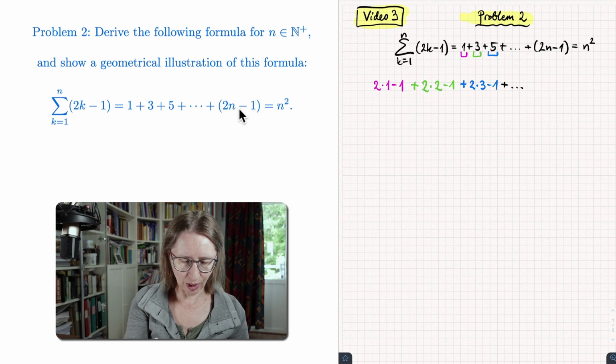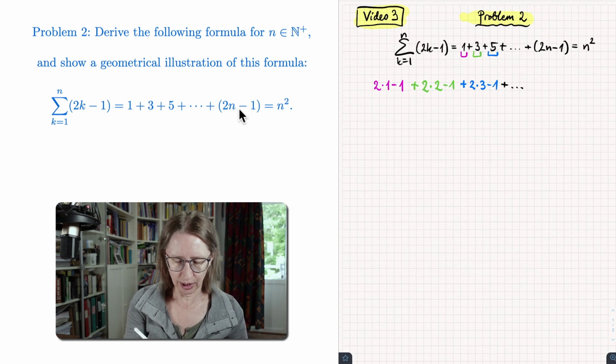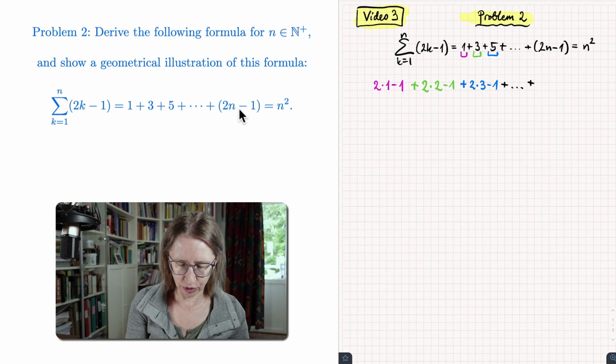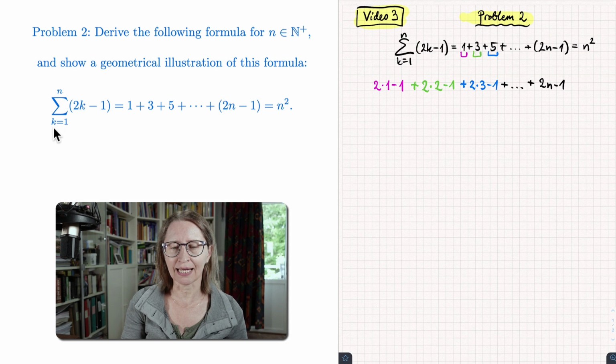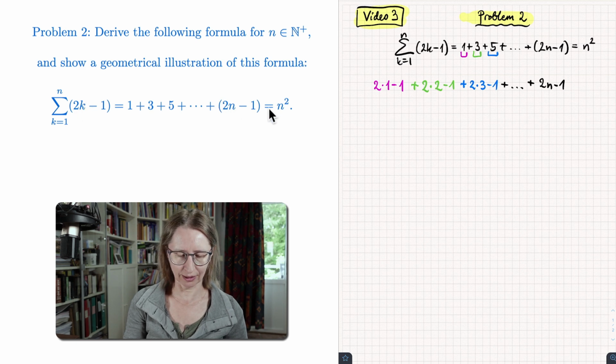And then the last one will be, well, I don't need another color. I will simply write that it is 2n minus 1, because now I take k equal to n and I plug it in here instead of k, and then I get 2n minus 1.